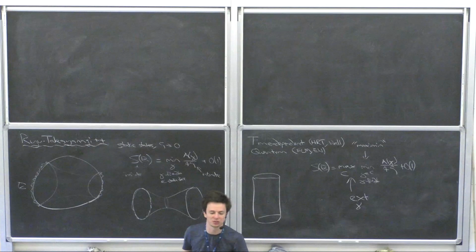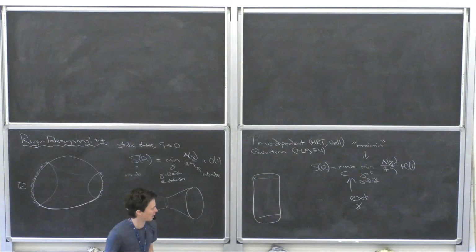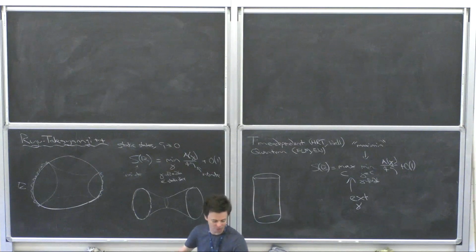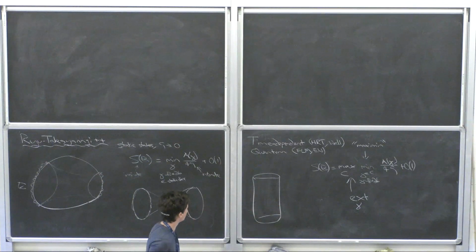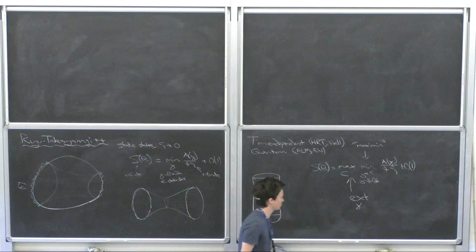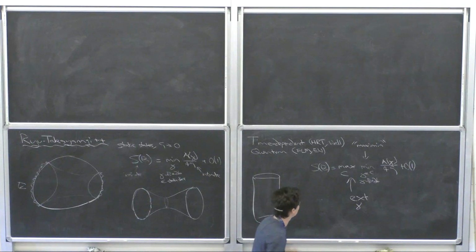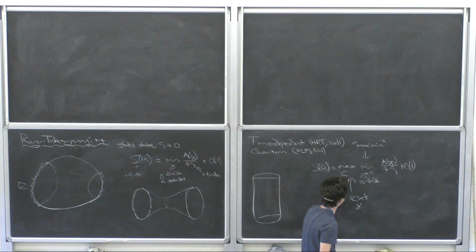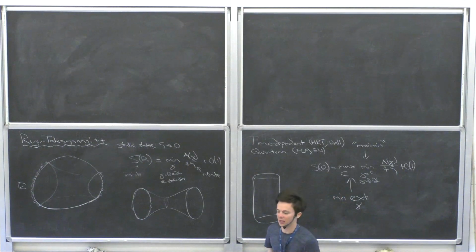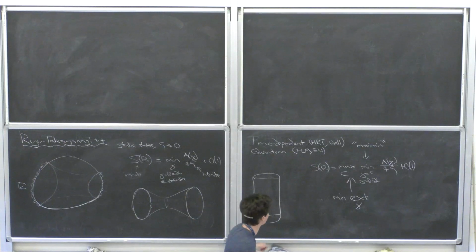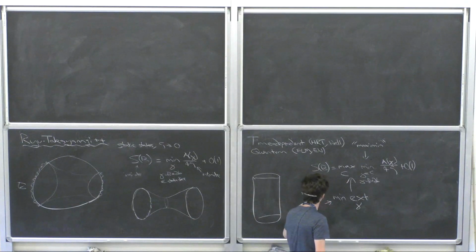They're critical points of the area functional on the space of surfaces gamma. That's some horrible infinite dimensional space, but you can still define that well. Okay? So in general, there can be a whole set of these things, but it's a discrete set. And then we just minimize over the elements of the set. Okay? So that's the extremal surface version of the formula.